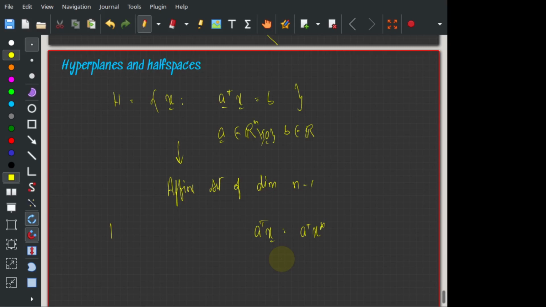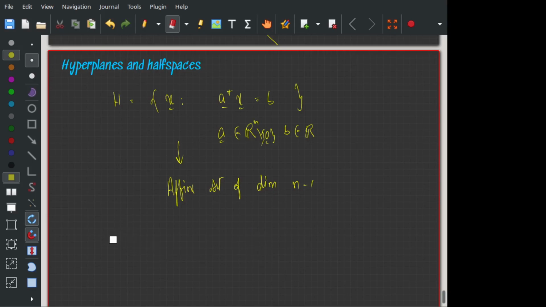There's at least one solution, you agree, right? So the null space is n minus 1 dimensional. Exactly. So it's A transpose into X minus X star equal to 0, so it has dimension n minus 1.